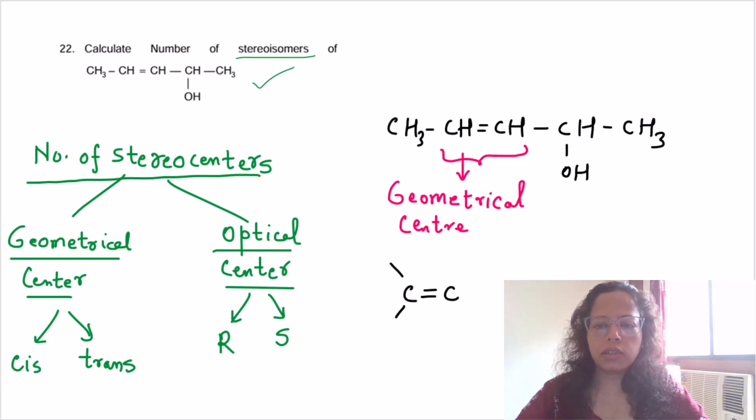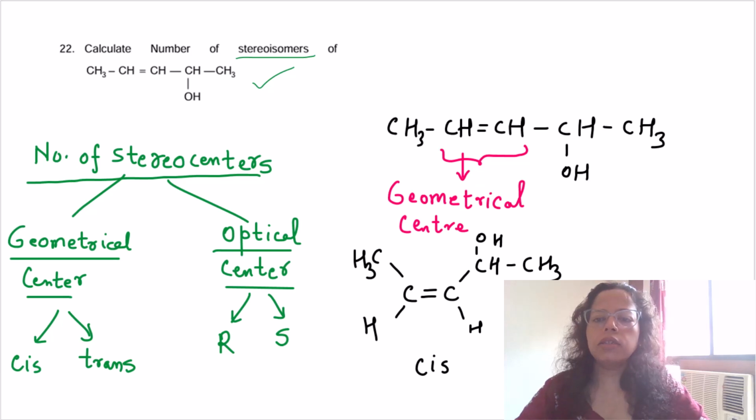So there is this methyl group and hydrogen, and then again we have a hydrogen and a CH(OH)CH3 group. So this can be a cis form, and when the high priority groups are on the opposite sides of the double bond, we have a trans isomer.